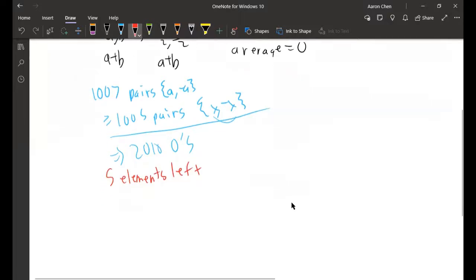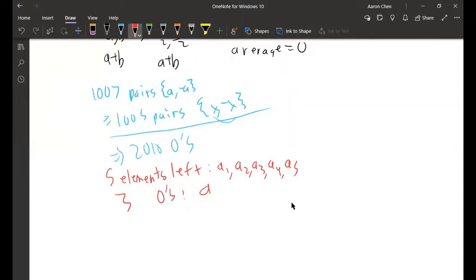And so we can let these 5 elements be A1, A2, A3, A4, and A5. And in order to be able to apply the operation as many times as necessary, we want the total set that we are applying the operation on to be some power of 2. And so we can add additional 3 zeros.